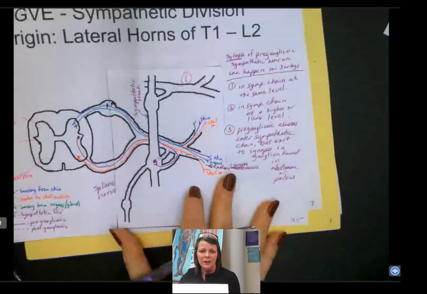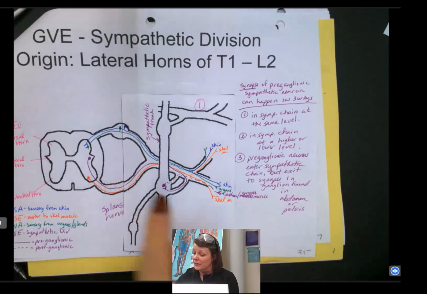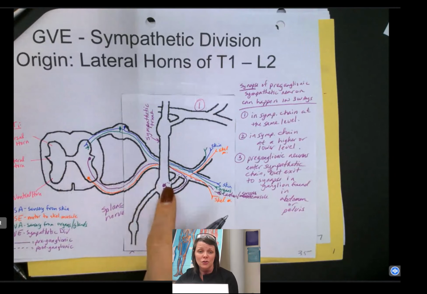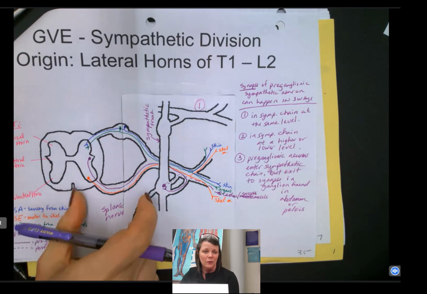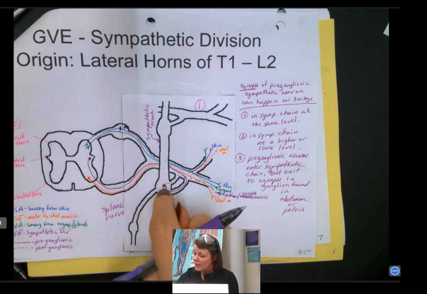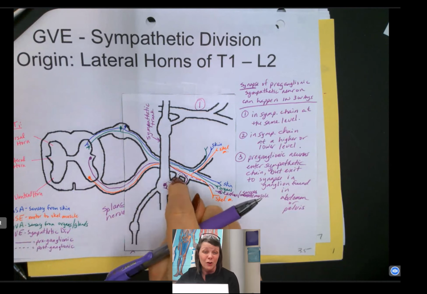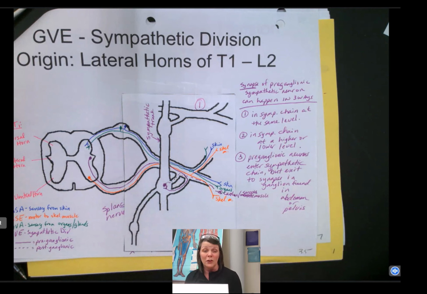Whereas in any of our sympathetic neuron cases, comparatively, the preganglionic is short because the sympathetic chain is right outside of the spinal column, the vertebral column. And then your postganglionic has to essentially go from the midline of your trunk to wherever the organ is, whether it be smooth muscle or cardiac muscle or glands, in order to send the final signal to.